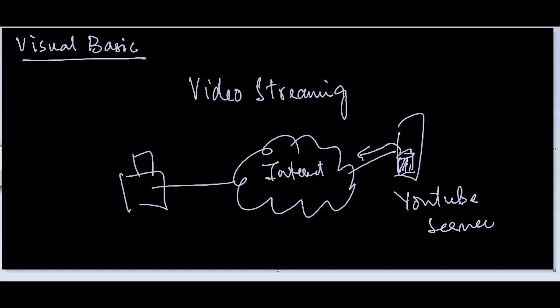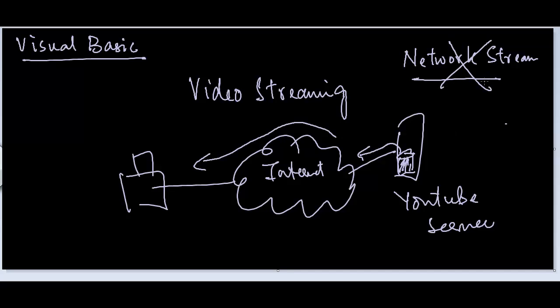It's going to be streamed as a sequence of bytes. So this file which is lying on the hard disk in YouTube is going to be transferred as a sequence of bytes across the network to your computer. In this case we call this a network stream. So now the sequence of bytes is getting transferred over the network from the YouTube server to your computer. Well, this is beyond our course, so we are not going to be dealing with network streams, but Visual Basic does deal with network streams also.